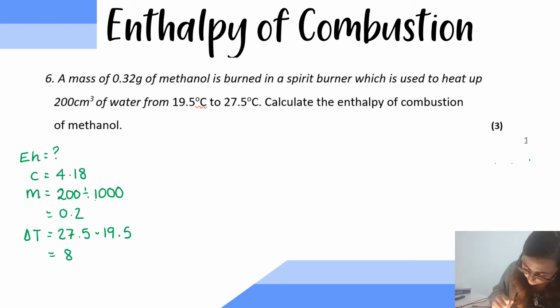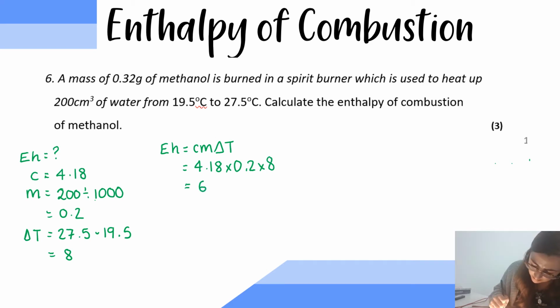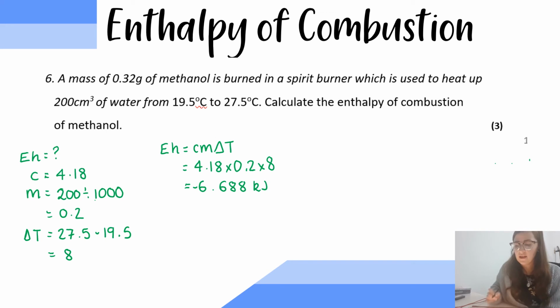So for my EH equals Cm delta T calculation, I've got 4.18 times 0.2 times 8, which comes out at 6.688 negative kilojoules.